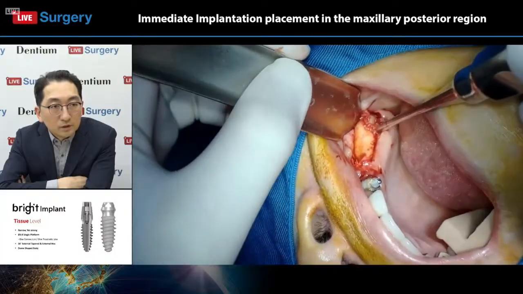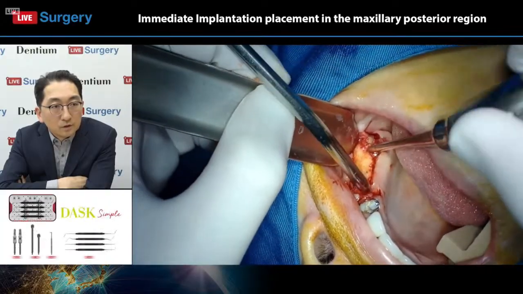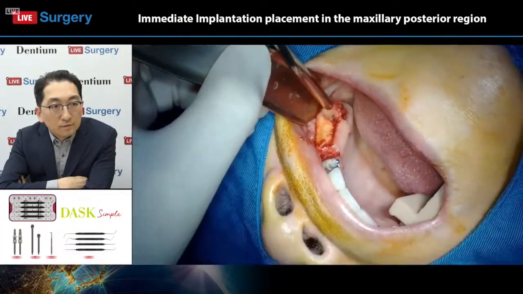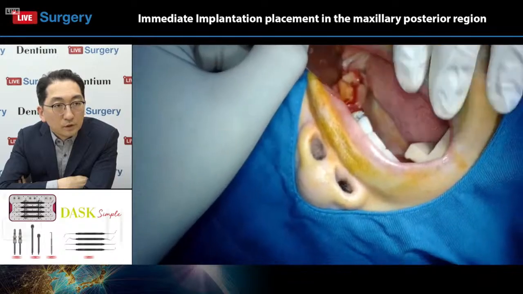Yes, I extracted 24 teeth, and now I extracted the 27 retained root.